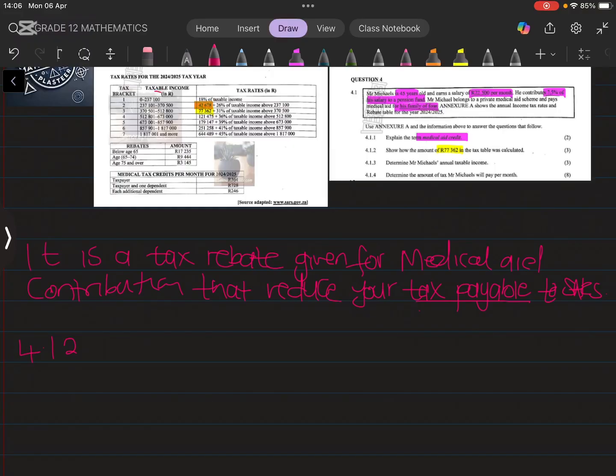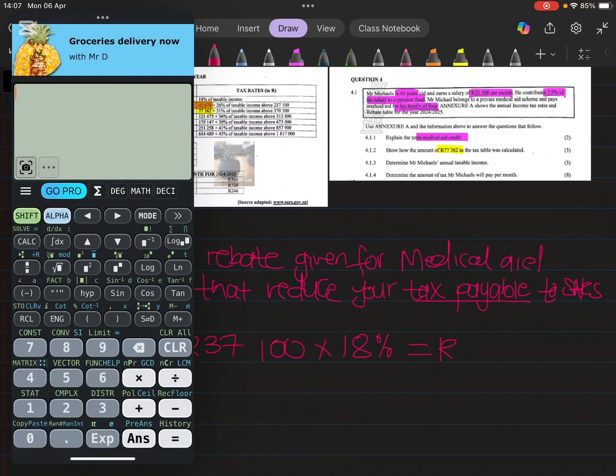So now in this bracket, we have 0 to 237,000. That is the first bracket. We have an amount of 237,100, and then you multiply it by 18%.